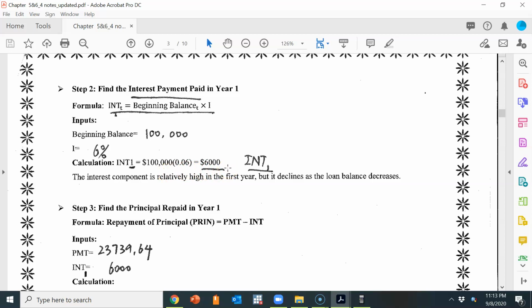Okay, at the beginning of the year, which is today, you actually have 100,000 unpaid in your account. So you have to pay 6,000 interest at the end of the first year. Okay, the interest component is relatively high in the first year, but it declines as the loan balance decreases.